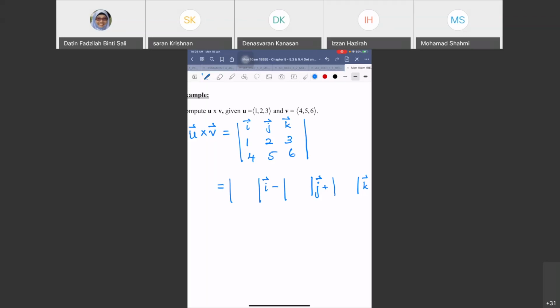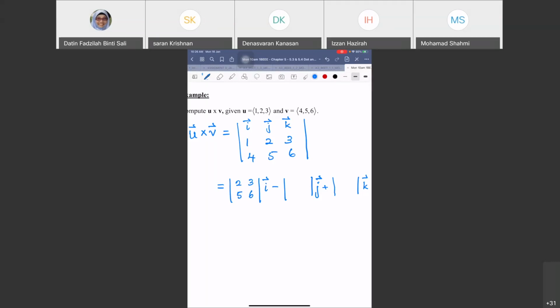And then you put your component for the 2 by 2 determinant, or your minor 2 by 2. So for the i, you just cover the first column, and look at the remaining numbers. That's where you put the determinant for the minor matrix, which is 2, 3, 5, 6.